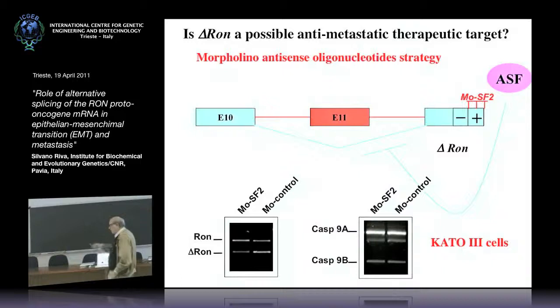And it's specific because, for example, caspase 9 splicing, caspase is a protease and is a target of SF2, the splicing of a certain intron in this protein requires SF2, is not affected by this morpholino oligo. So the morpholino oligo recognizes a sequence which is present only in RON.